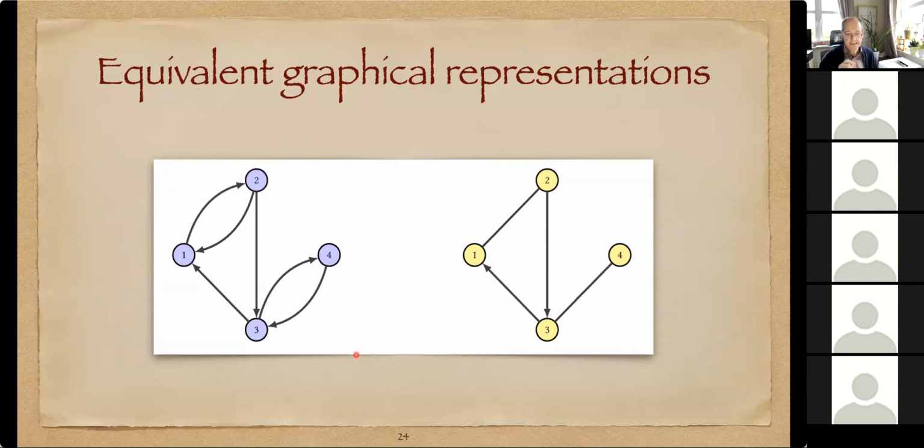1, 2 is in this network. I have an arrow from 1 to 2, but also 2, 1 is in this network. There's an arrow from 2 to 1. There is an arrow 3, 1. So 3, 1 is in the network, but 1, 3 is not. 2, 3 is in the network, as you can see. 3, 4 is in the network, and 4, 3 is in the network.